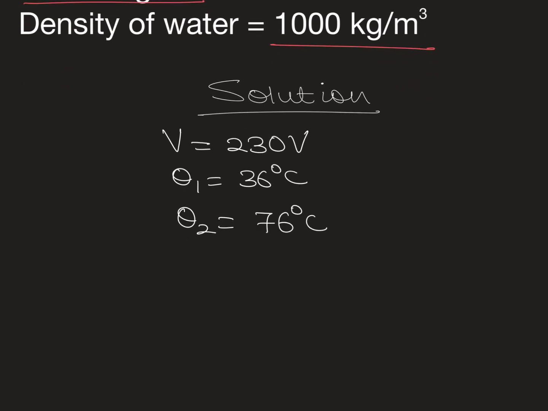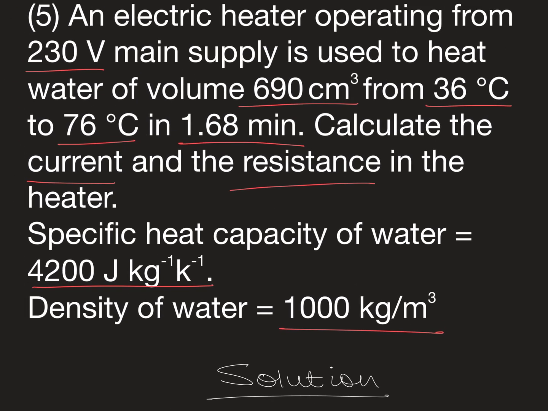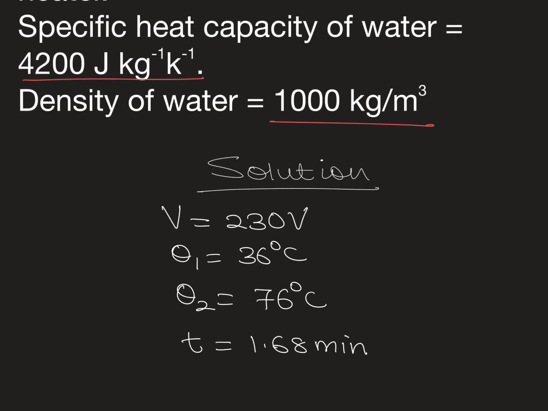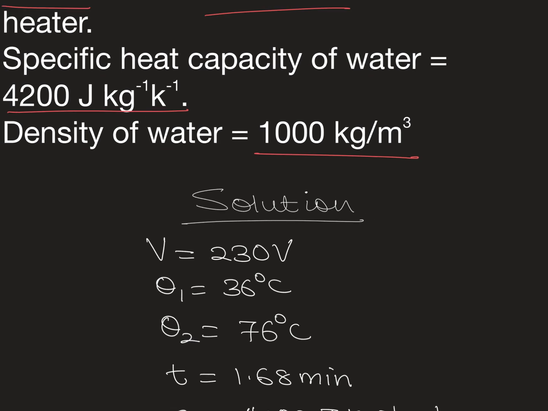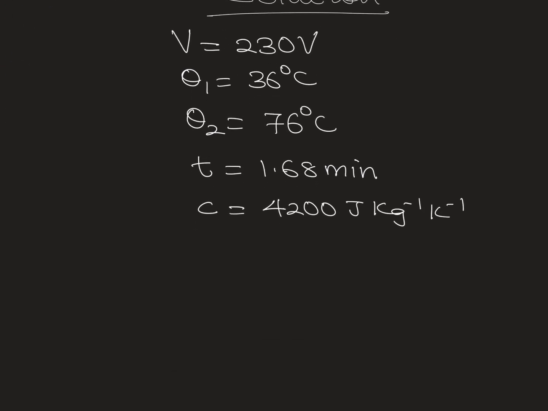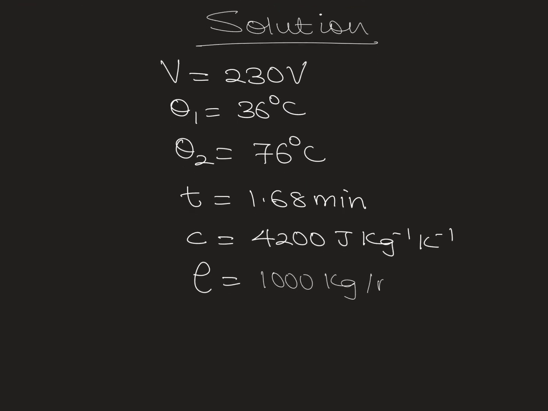The time is 1.68 minutes. The specific heat capacity of water is given as 4,200 joules per kilogram per Kelvin. And the density of water is given as 1,000 kilograms per meter cube.